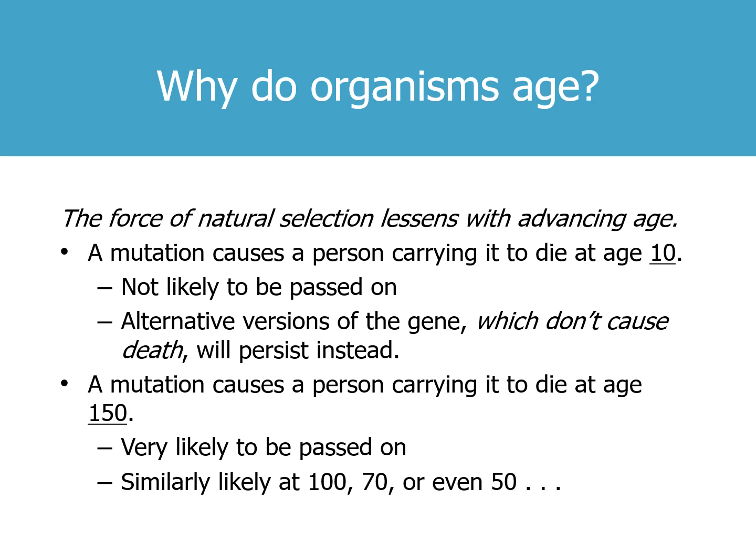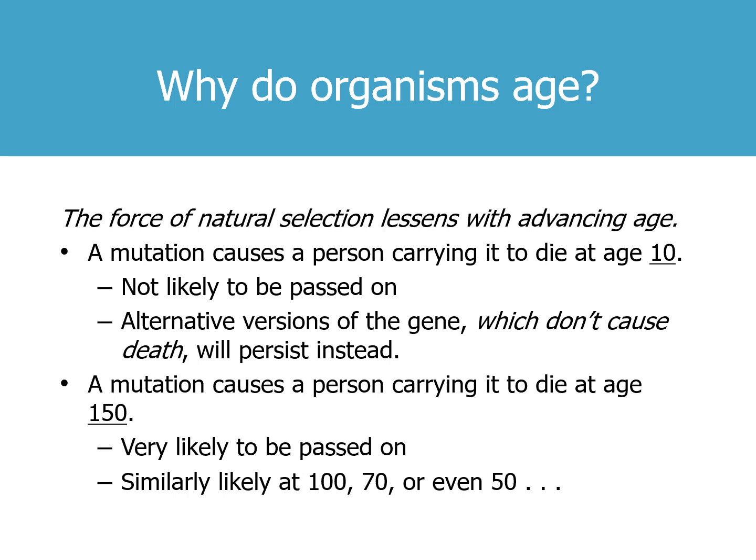Alternative versions of the gene, which don't cause death, will persist instead. So natural selection will weed out that mutation because it is not passed on from that person carrying it, because they died at the age of 10 and did not reach the age of reproduction. They were not able to have offspring, right?